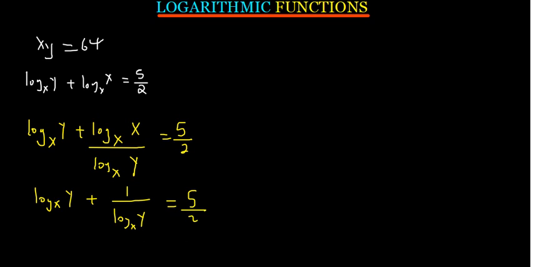So at this point I'll say, let b be equal to log in base x of y. Okay, so at every point where I'm seeing log in base x of y, I'm going to put b. So this is going to be b plus 1 over b is equal to 5 over 2.